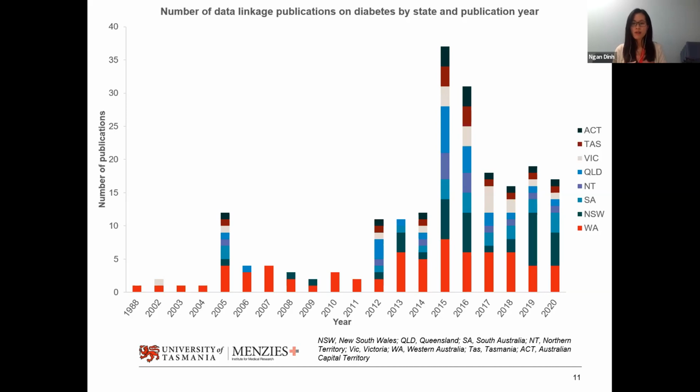And most of the contribution came from Western Australia and New South Wales, and a small number of applications have been performed in Tasmania, Northern Territory, and Australian Capital Territory.